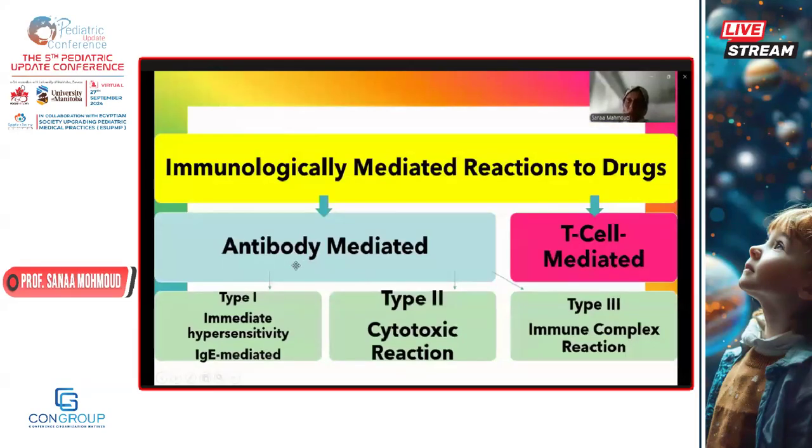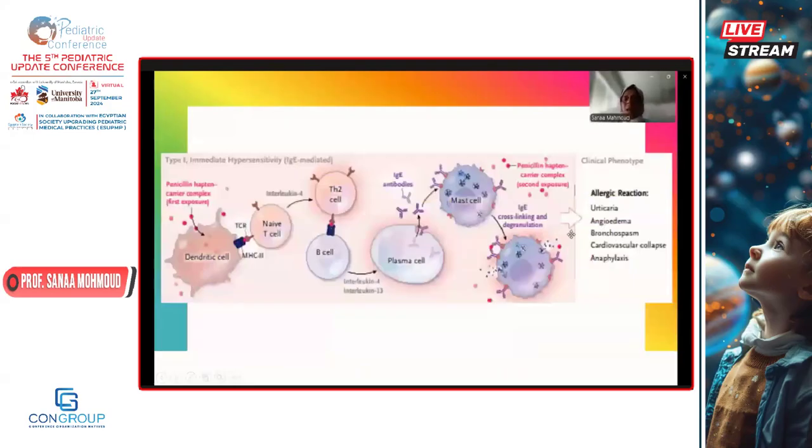So the immunologic reactions are either antibody-mediated, as I said, type 1 hypersensitivity IgE, types 2 and 3 are IgG and IgM reactions, and then T-cell mediated. Why do I say this? Because for those two types, you're not going to touch the patient, and unfortunately we don't have options other than using alternatives. This talk is about type 1 and the T-cell mediated.